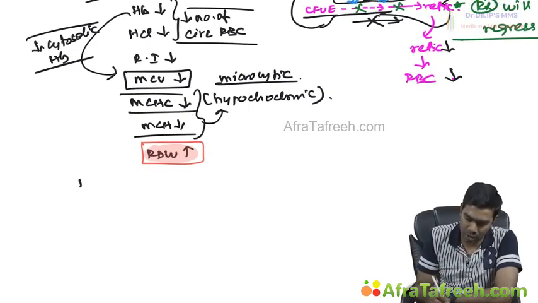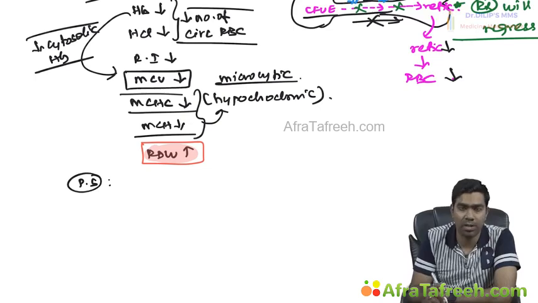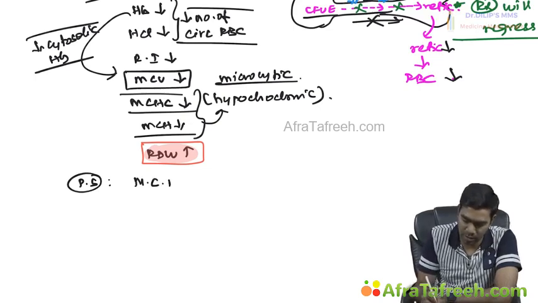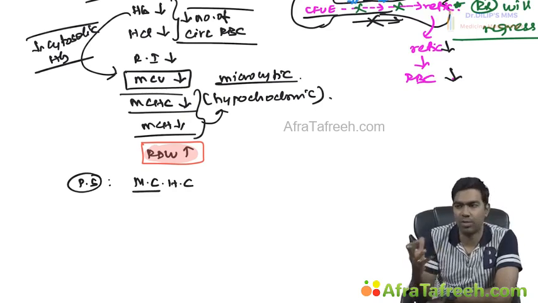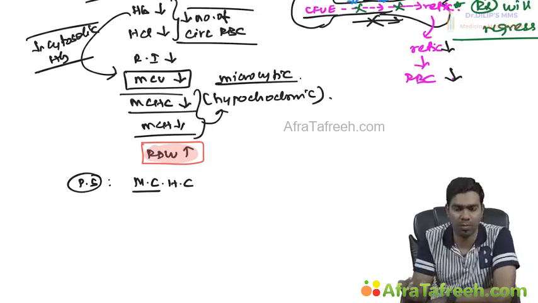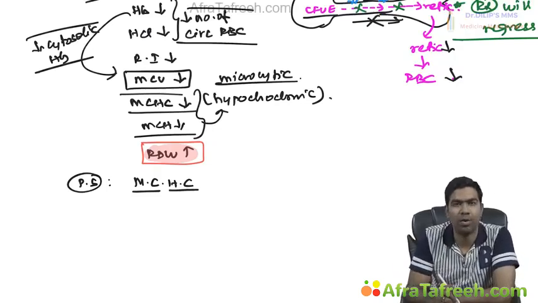So the next thing, what you see in the peripheral smear after the RBC indices: you're going to see a microcytic hypochromic RBC. Microcytic means the RBC size should be smaller than that of the nucleus of a small lymphocyte in a peripheral smear, and hypochromic means the central pallor should be occupying more than 1/3 of the diameter of the RBC.